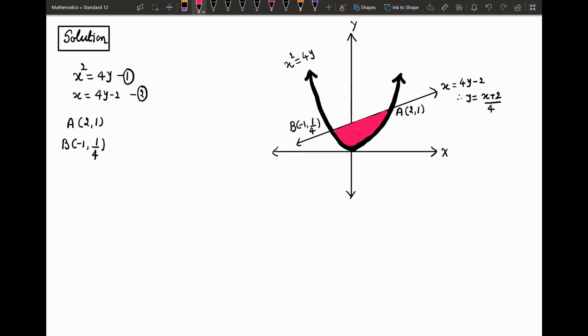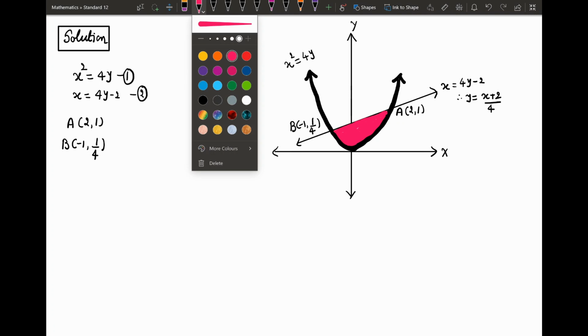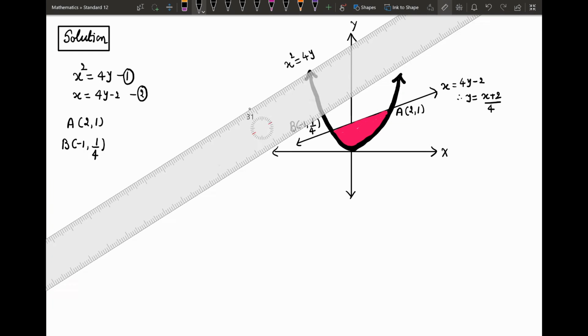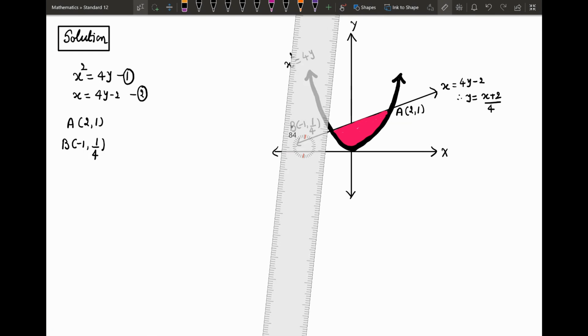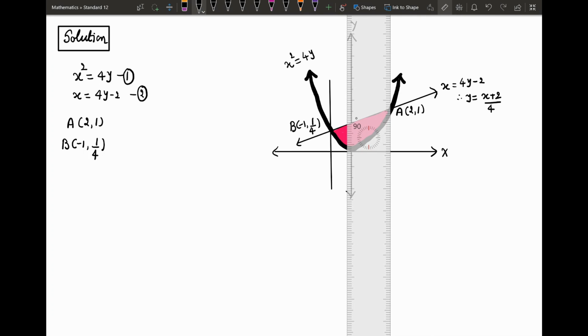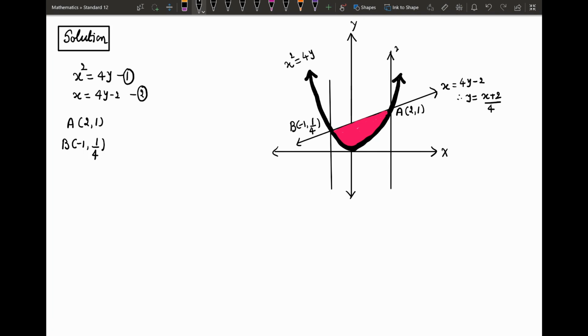So when we find the area of this portion, you observe here the line x equals -1, here the line x equals 2.